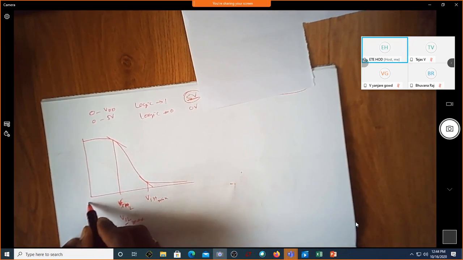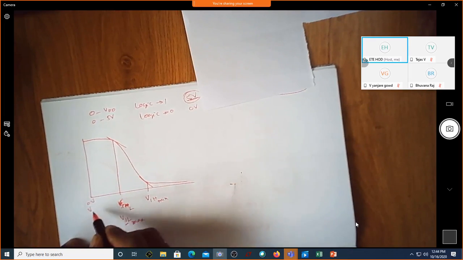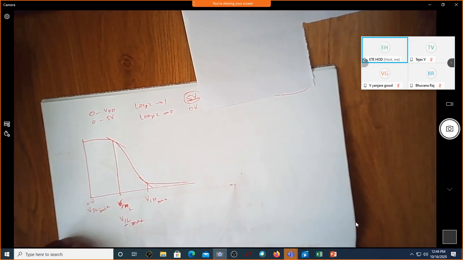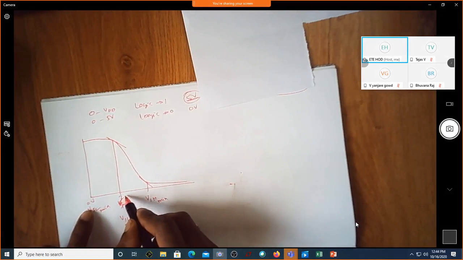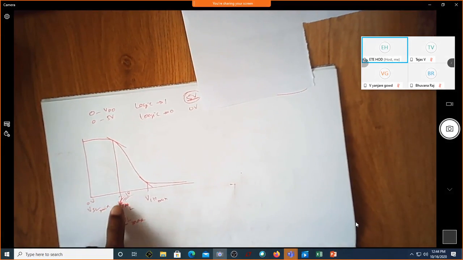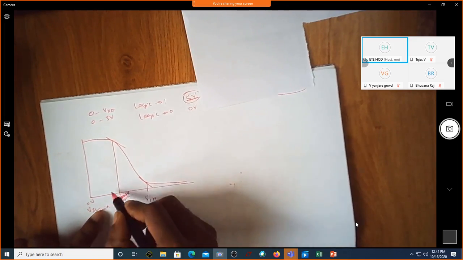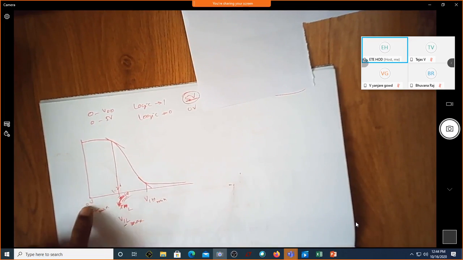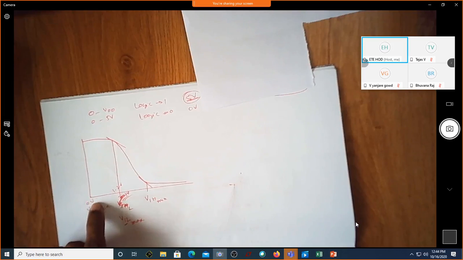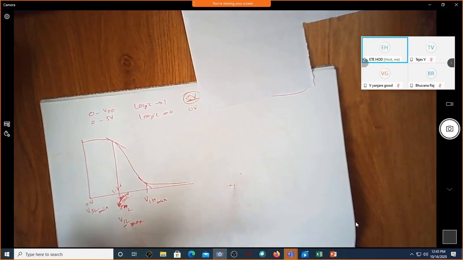This is 0 volt, no? VIL maximum, VIH minimum. If the input voltage is from 0 to, assume around 2.1 volt, may not be 2.1, make it 1.2 volt. From 0 to 1.2 volt, I will consider the input as logic 0 only.